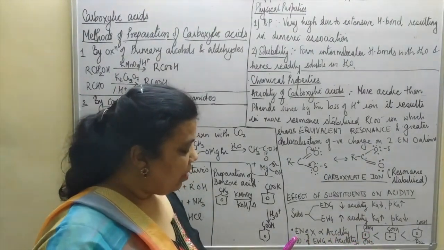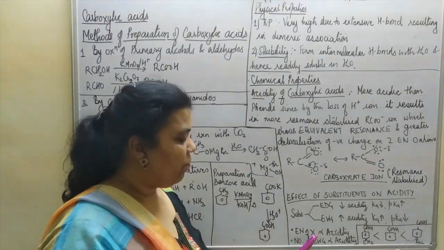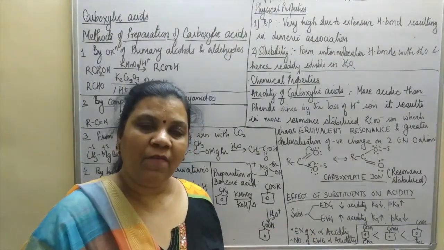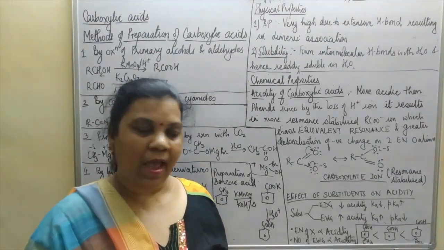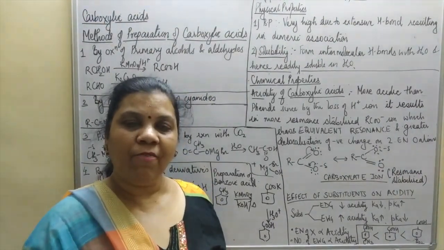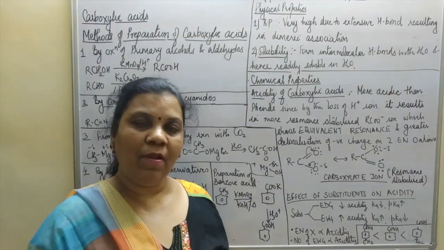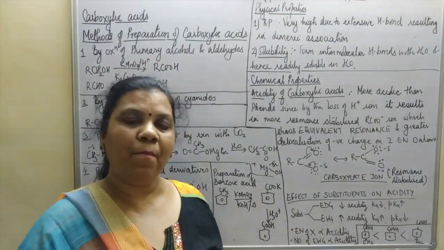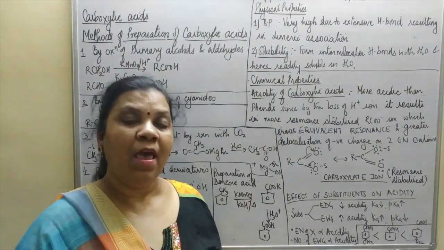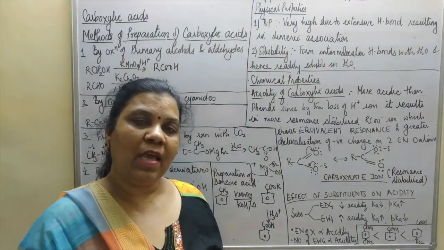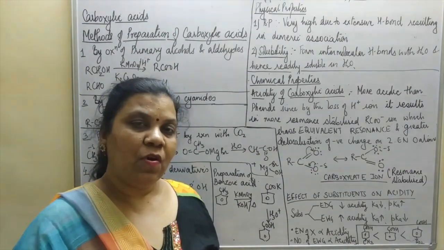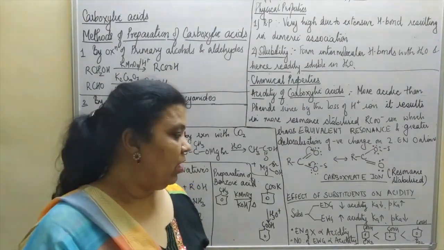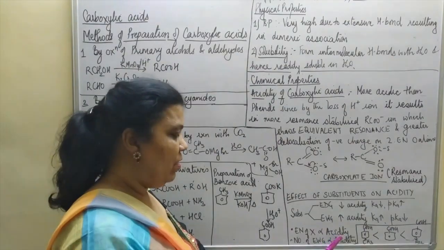Next factor affecting acidity is the electronegativity of the halogen. Electronegativity of the halogen is directly proportional to acidity. That means fluoroacetic acid will be a stronger acid in comparison to chloroacetic acid, in comparison to bromoacetic acid, in comparison to iodoacetic acid. So with the increase in electronegativity of halogen, the acidity increases.